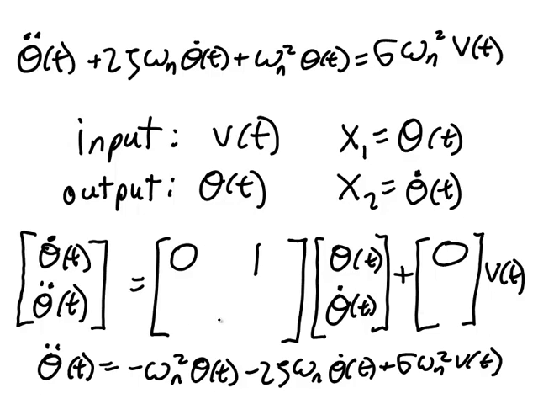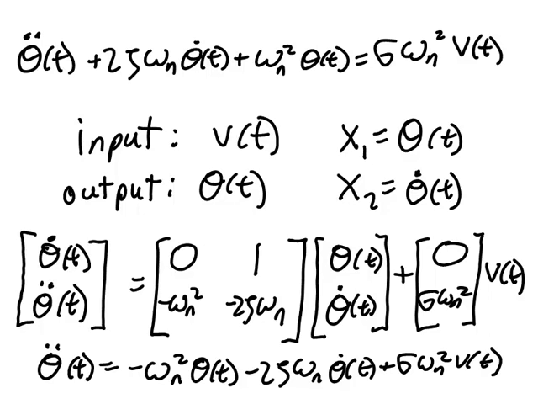Theta double dot is equal to negative omega n squared times theta. So negative omega n squared has to go here because that's being multiplied by theta. Then negative 2 zeta omega n goes here because that's the coefficient that's being multiplied by theta dot. Finally, g omega n squared goes here because that's the coefficient being multiplied by v of t, my input.